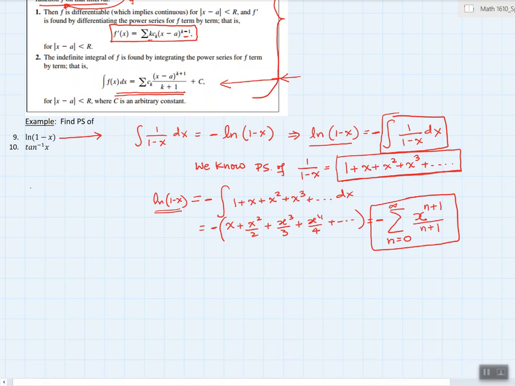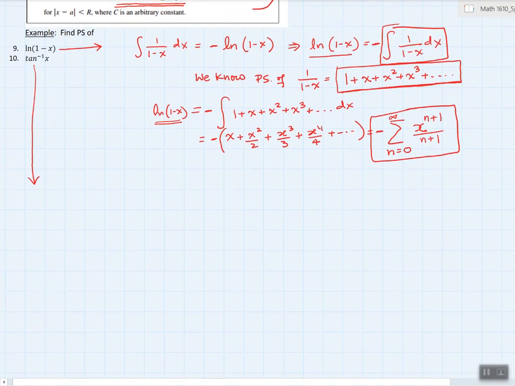Similarly, for tangent inverse x, we know that the integral of 1 over 1 plus x squared dx is tangent inverse x. But we know the power series for 1 over 1 plus x squared.